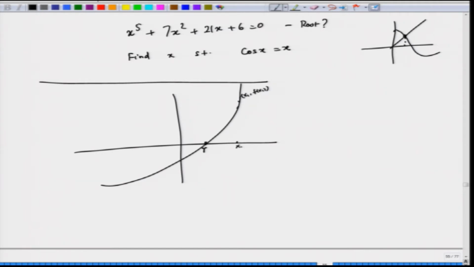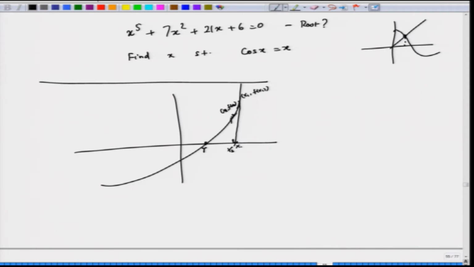Now, I draw a tangent line. This meets the x axis, let us say, at x 2. Now, I have this point x 2, f of x 2.